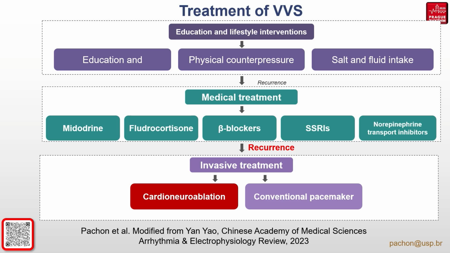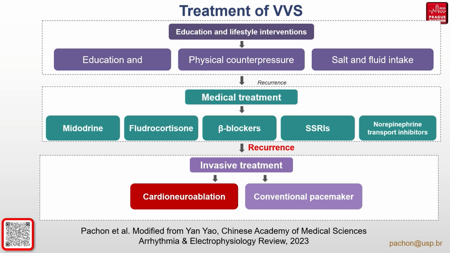First of all, education and lifestyle intervention are necessary. Obviously, we give educational orientation to the patient, physical counterpressure, and salt and fluid intake in order to treat vasovagal syncope clinically.